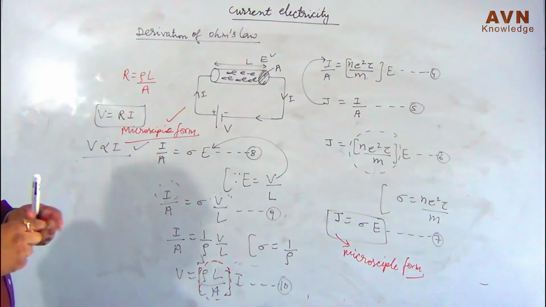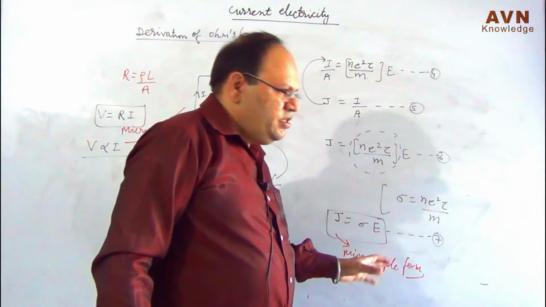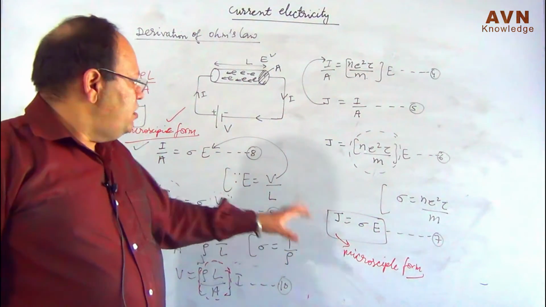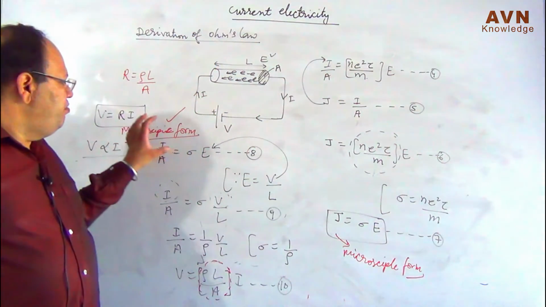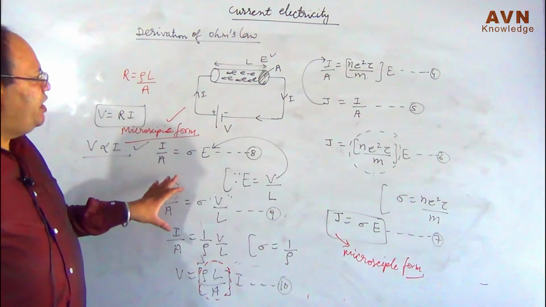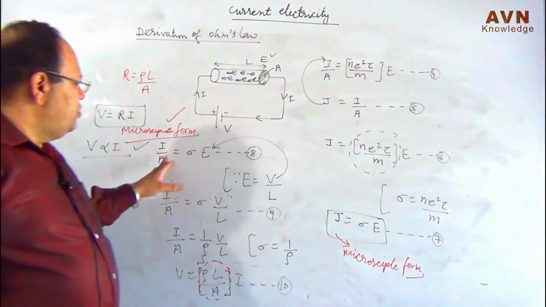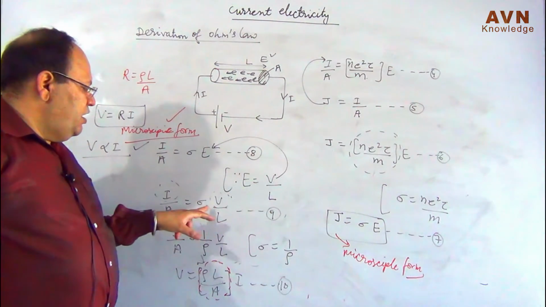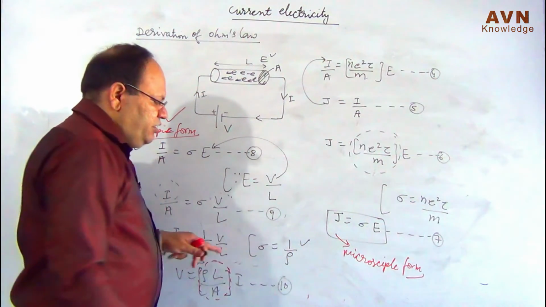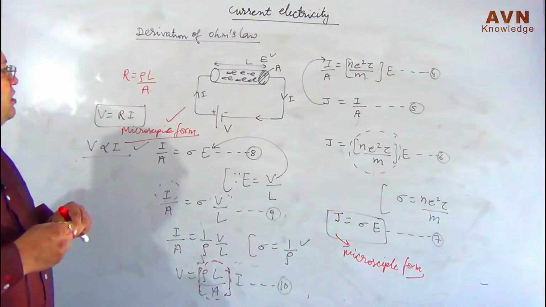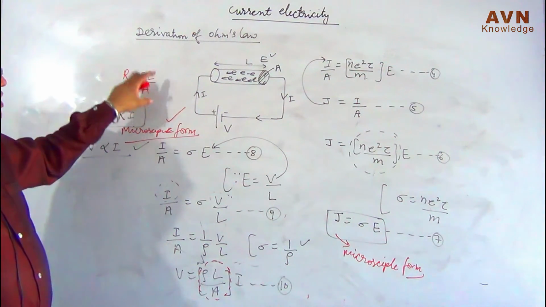So this is the derivation of Ohm's law. J equals sigma E is the microscopic form, also called the minor form, and V equals IR is the macroscopic or major form. When you derive Ohm's law from the microscopic form, you put the value of J in terms of I and E in terms of V. Sigma is the reciprocal of the resistivity, and resistance equals rho L upon A, which we derived in the previous video.